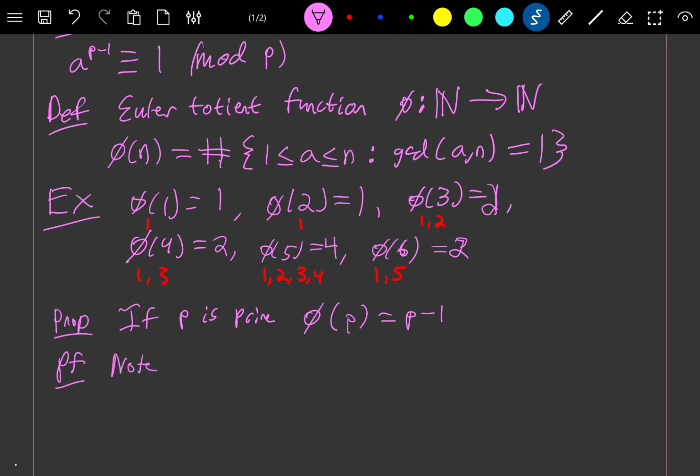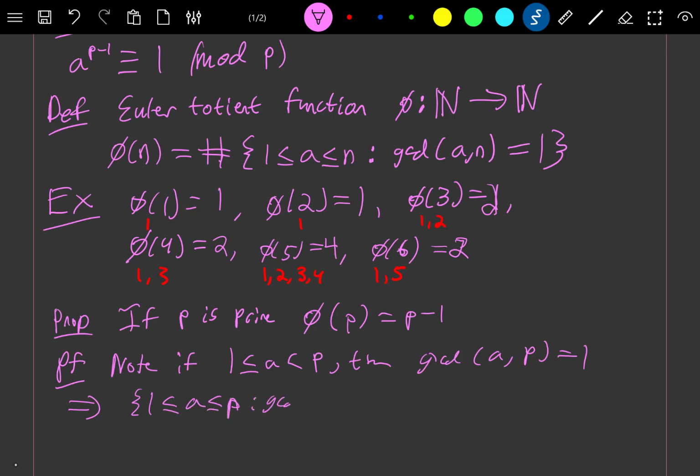We just note if we have an element less than P, then GCD of A and P is 1, because the GCD of an element and a prime is either 1 or the prime, but since it's less than the prime, it has to be 1. So the set of elements between 1 and P such that the GCD of A and P is 1 is actually just the set 1 all the way to P minus 1.